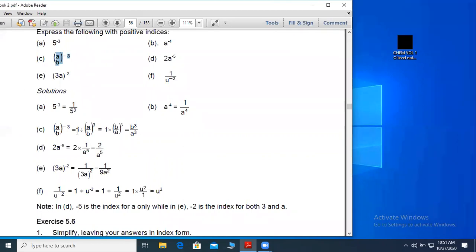And this is exactly what I was telling you. 1 divided by A over B, then the power now becomes positive.